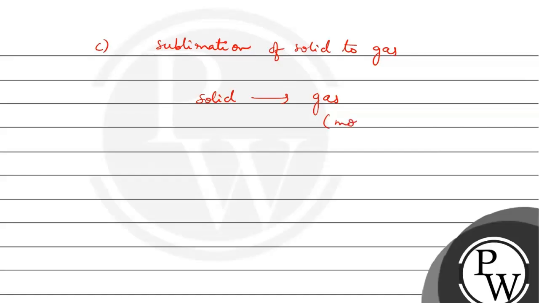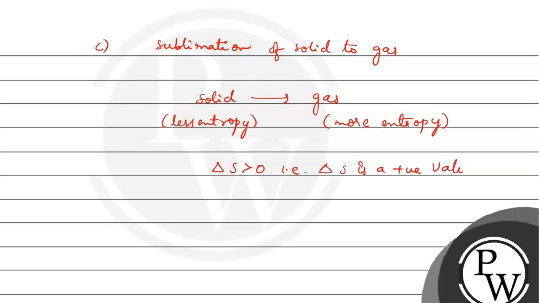So this we know that gas molecules have more entropy or more disorder than solid. So this will have less entropy. So less entropy से more entropy में convert हो रहा है, that means disorder is being increased here. Therefore delta S is greater than 0, that is delta S here is a positive value.